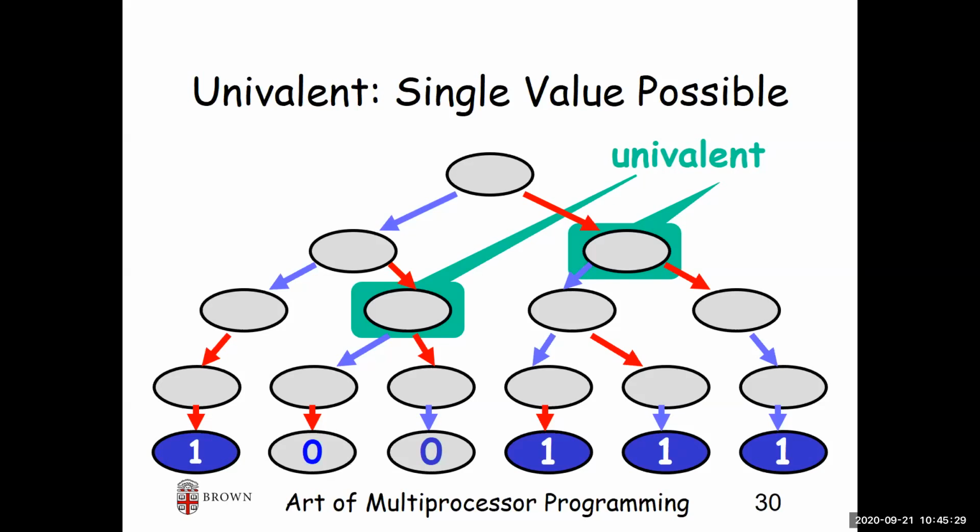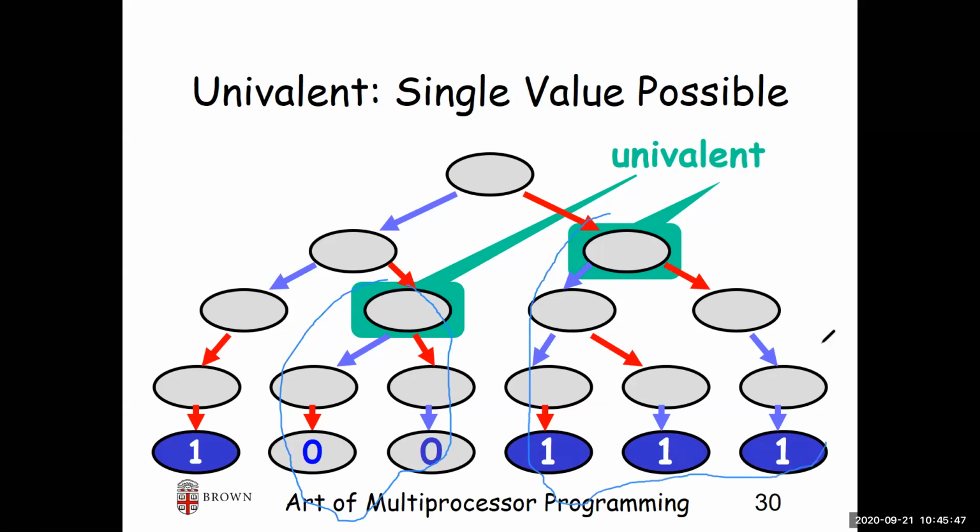So if I start at this green box, I can only reach a 0. And if I start at this other green box, sorry about the sloppy drawing, but I have to use a trackpad today, I can only reach the 1. So that's a univalent state.